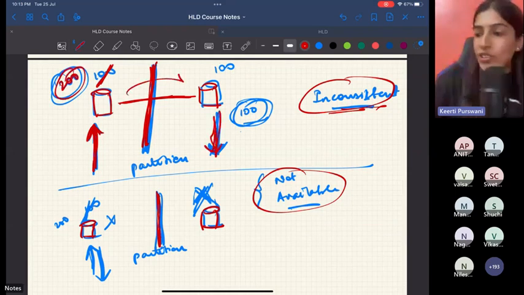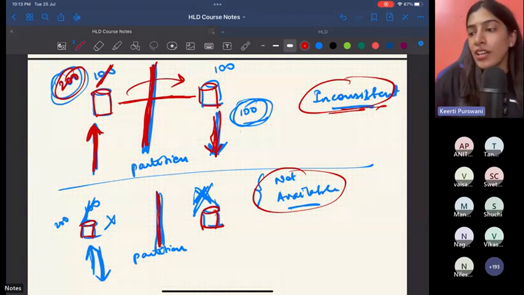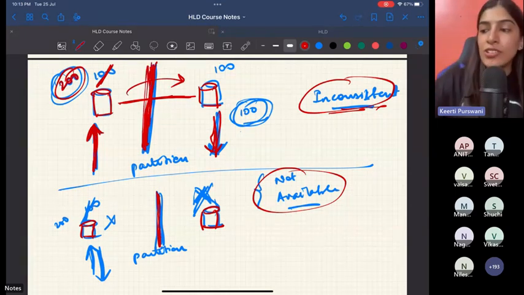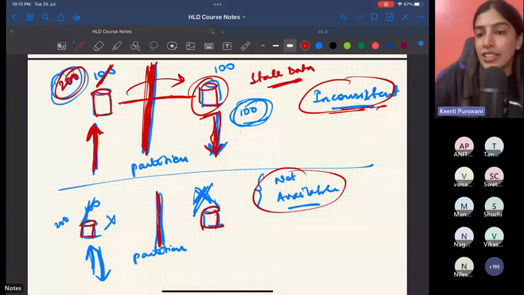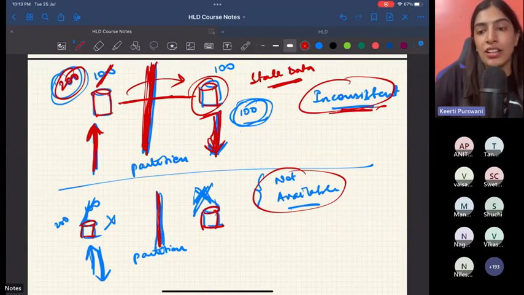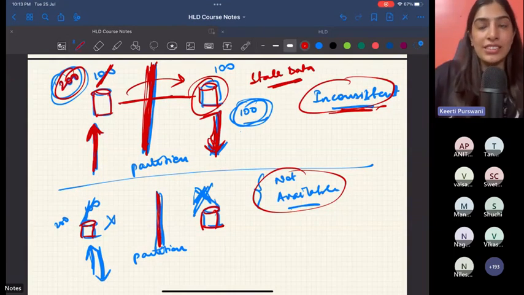Because I was not able to tell this database that the value has been updated, there is no communication happening. So this database has stale, old data. It doesn't have the latest data, so it returns wrong data. So it is inconsistent, like we discussed.